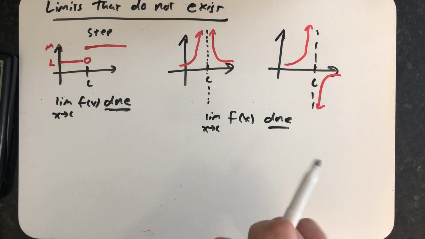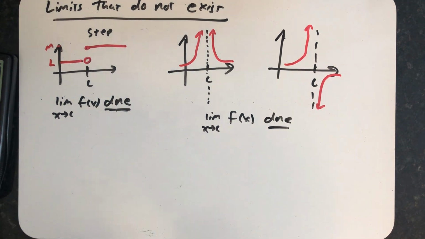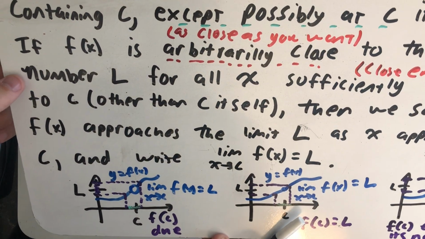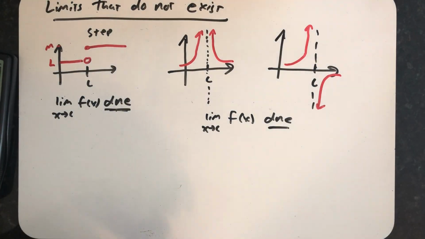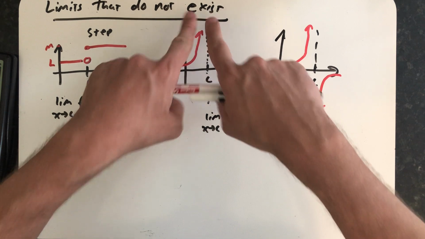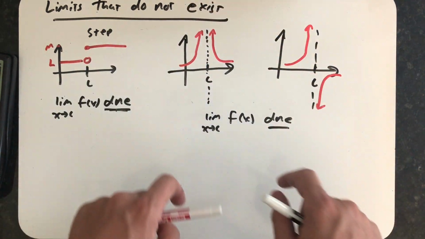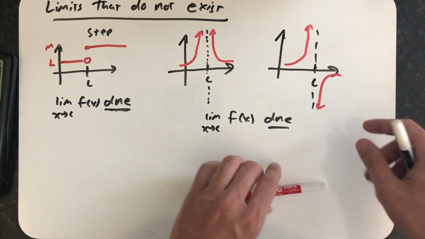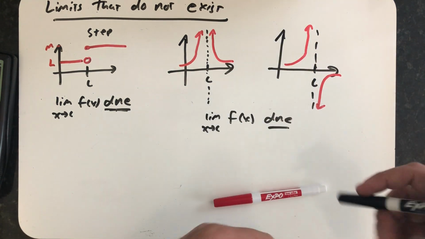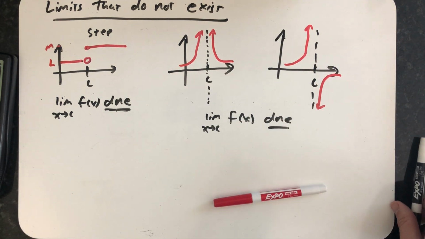Because to have a limit exist, my definition requires that my y values are approaching a number L. Well, as my x values get close to c, my y values in this picture are both going upwards towards positive infinity. In this picture, on one side I'm going towards positive infinity, on the other side I'm going towards minus infinity. In either case, I'm not approaching a number.